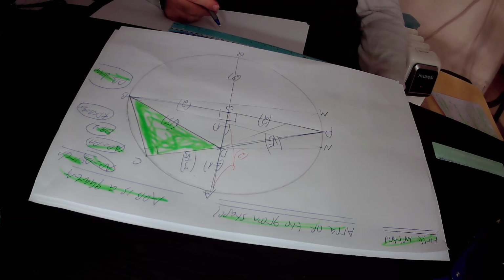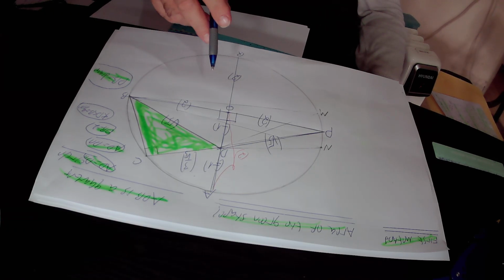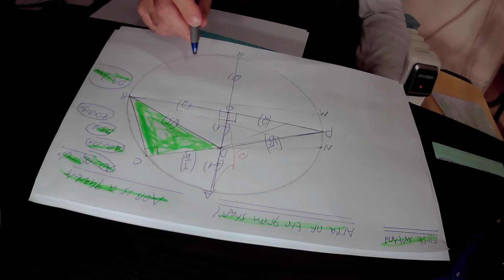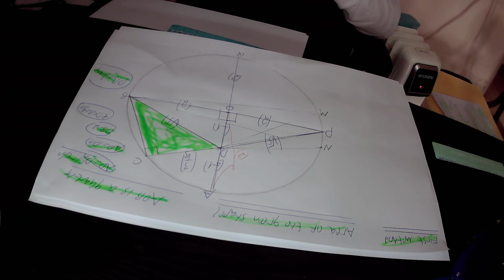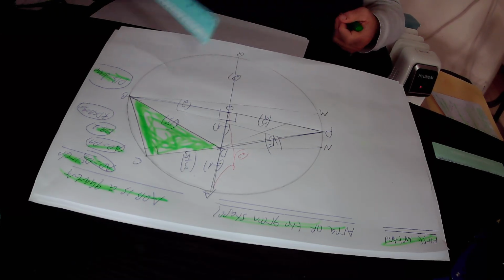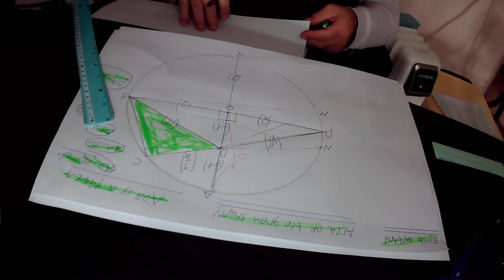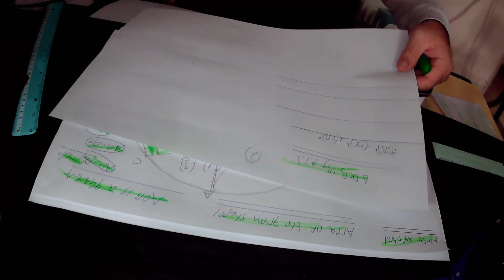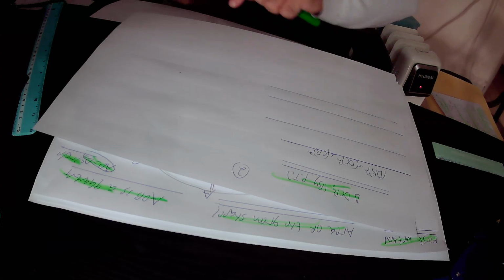According to the Pythagoras theorem, in this right triangle DCB, DB square, that is the square of the hypotenuse, equals DC square plus CB square.